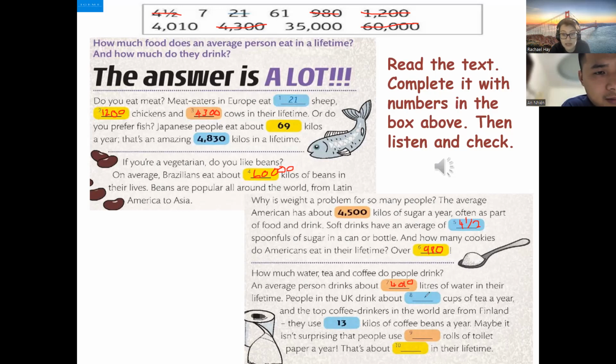People in the UK drink about how many cups of tea a year? 61. Okay. Maybe it isn't surprising that people use how many rolls of toilet paper a year?